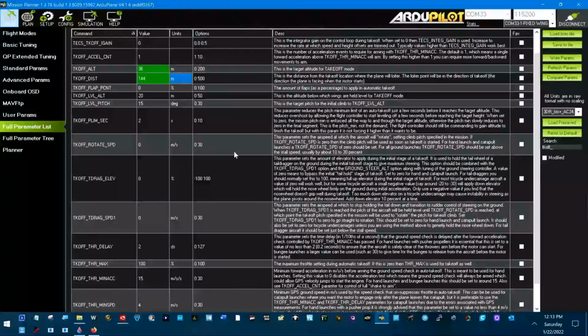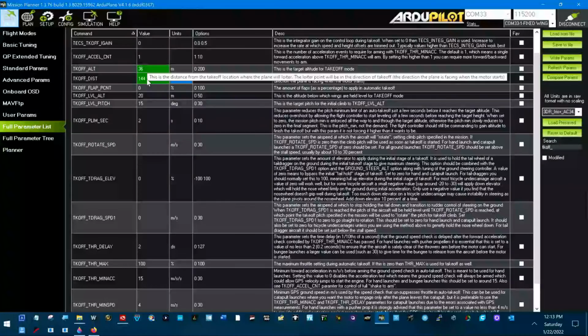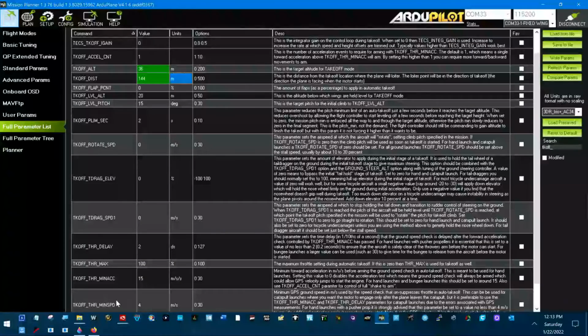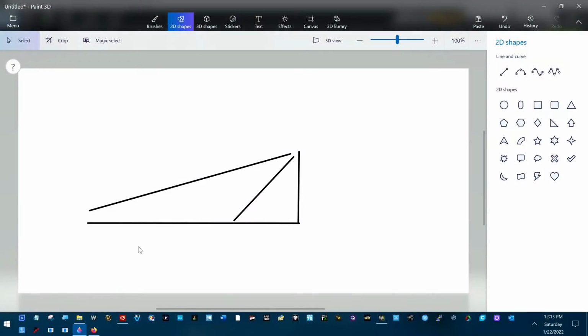So now I am keeping that same 4-to-1 ratio, 4 times the altitude is the distance away. So that should get me back in this climb rate.